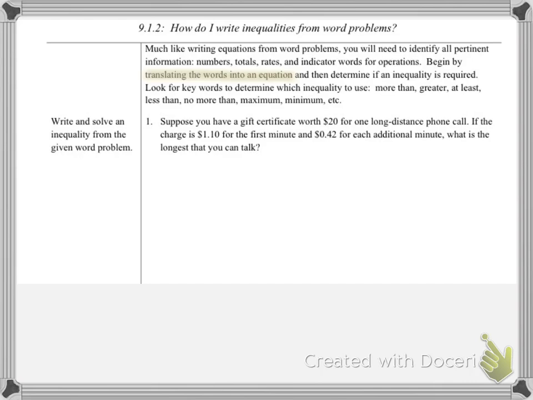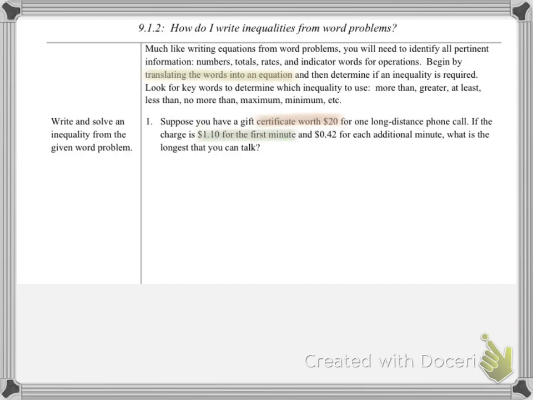So if you take a look at the first one, we have a gift certificate that's worth $20. Okay, that sounds like a total to me, so I think I am going to come back to that in just a minute. Then let's take a look at the rest of it. Charge is $1.10 for the first minute.